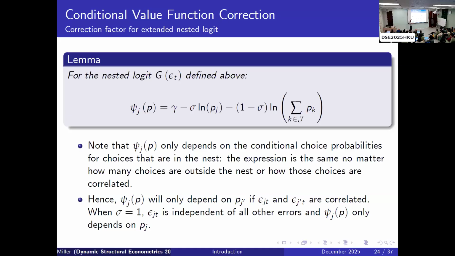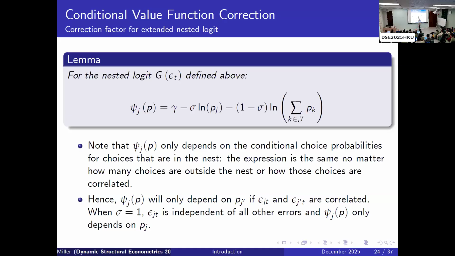For the nested logit, you've got some correlation between things that are inside the nest and stuff that is outside the nest, right? So when sigma's equal to 1, this thing goes all together, all right?